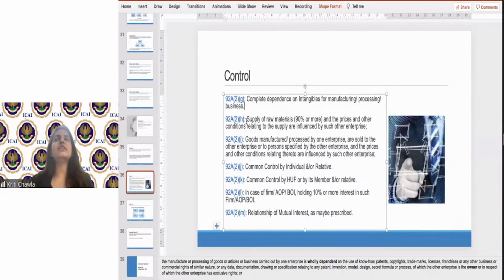Because if this one enterprise stops giving them raw material, then this business will come to an end. So the enterprise supplying 90% or more of the raw material is controlling the other enterprise in such a manner that the entire business is dependent on them. So there is a relationship of control, and hence law says that if you are supplying more than 90% of the raw material to the other enterprise, then they will become related to each other.